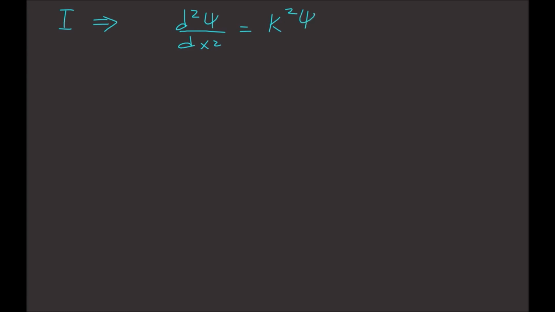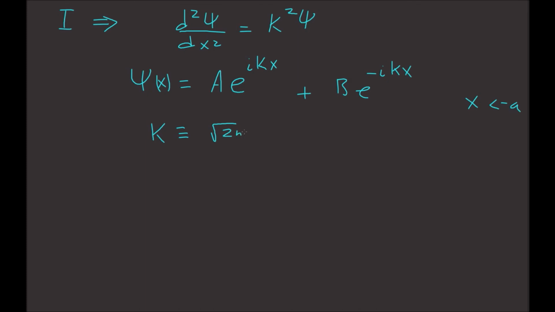So now the solution for this one, psi of x equals A e to the i k x plus B times e to the minus i k x. This is for x less than minus a. As usual, k here is defined as the square root of 2mE divided by h bar.